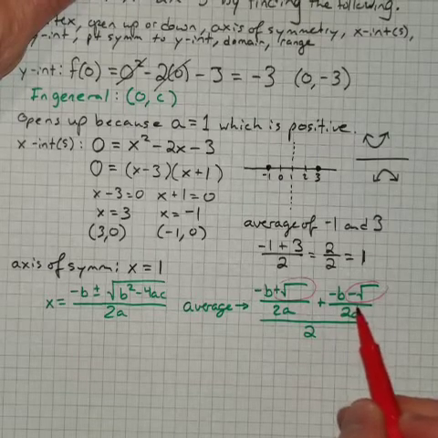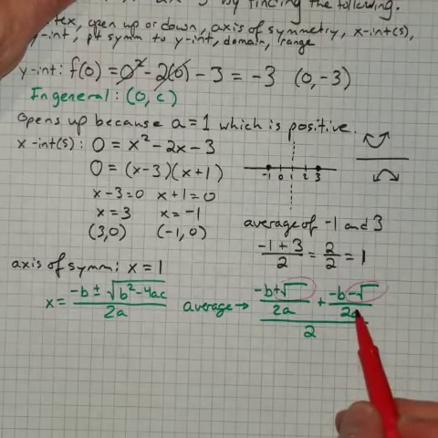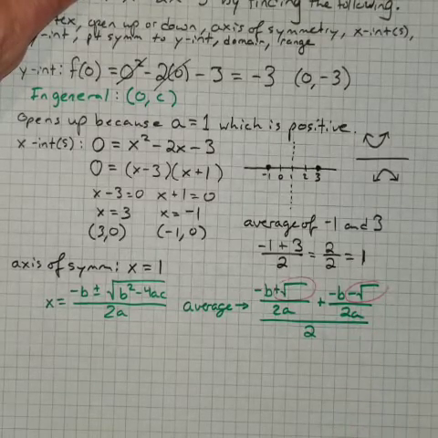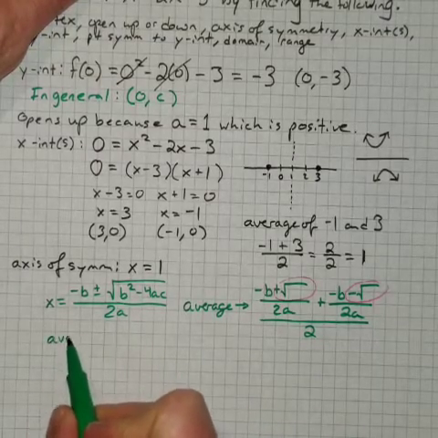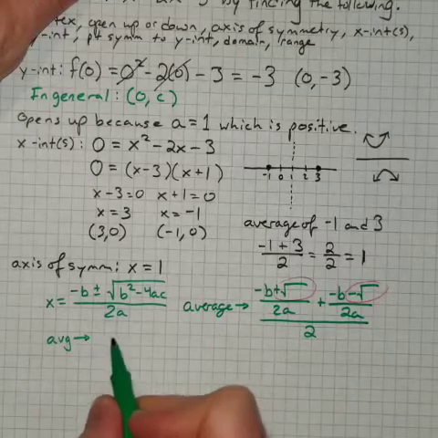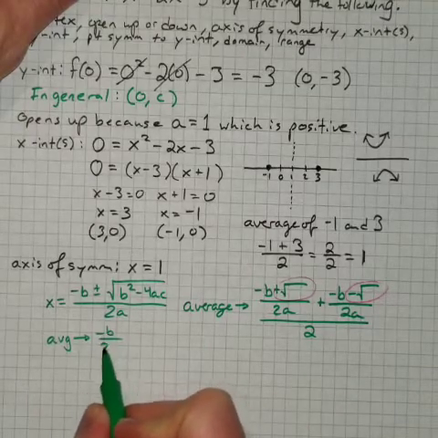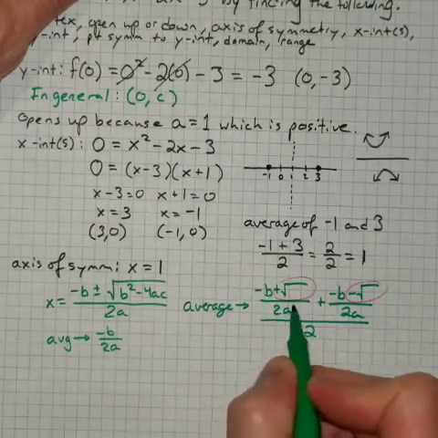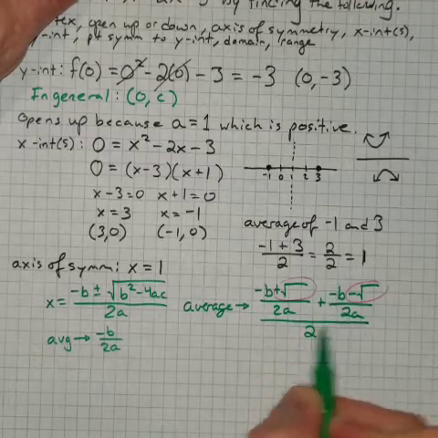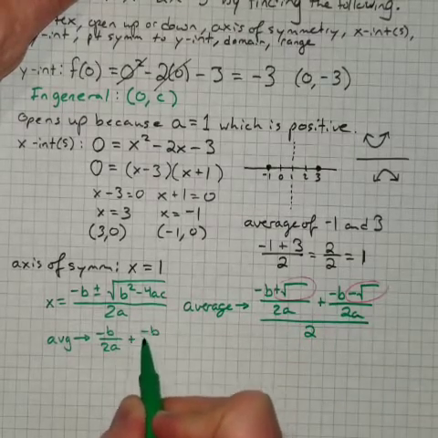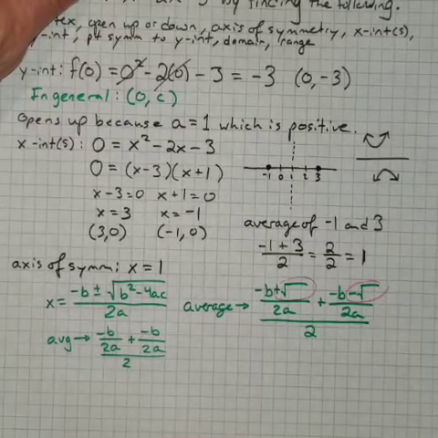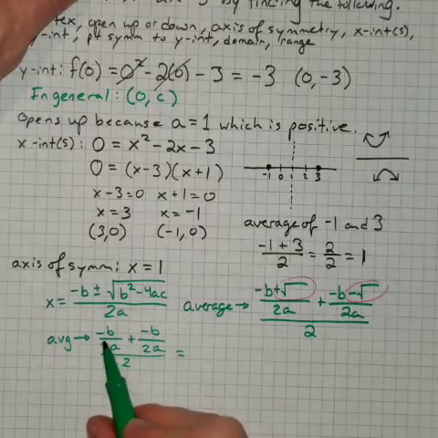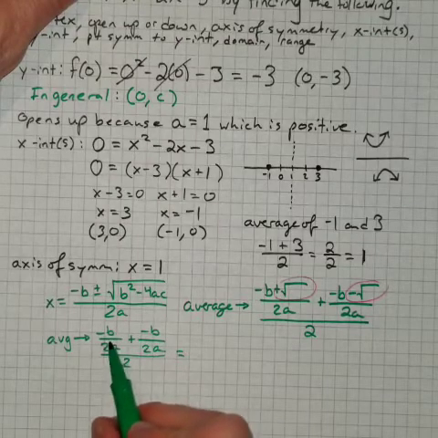The two together add up to 0 and are unneeded. And so the average really simplifies down to negative b over 2a, that's this first term, plus negative b over 2a, all over 2. And if I combine those, I have two of the same thing on top.